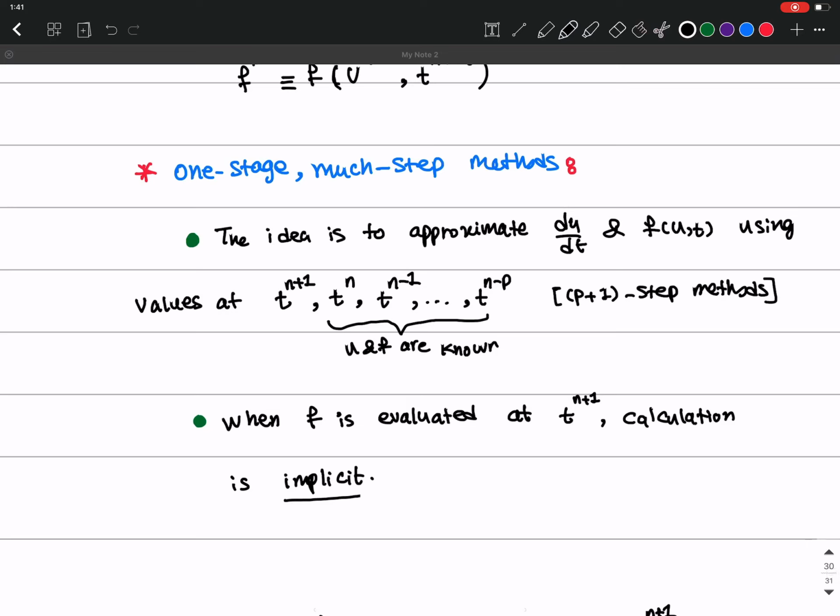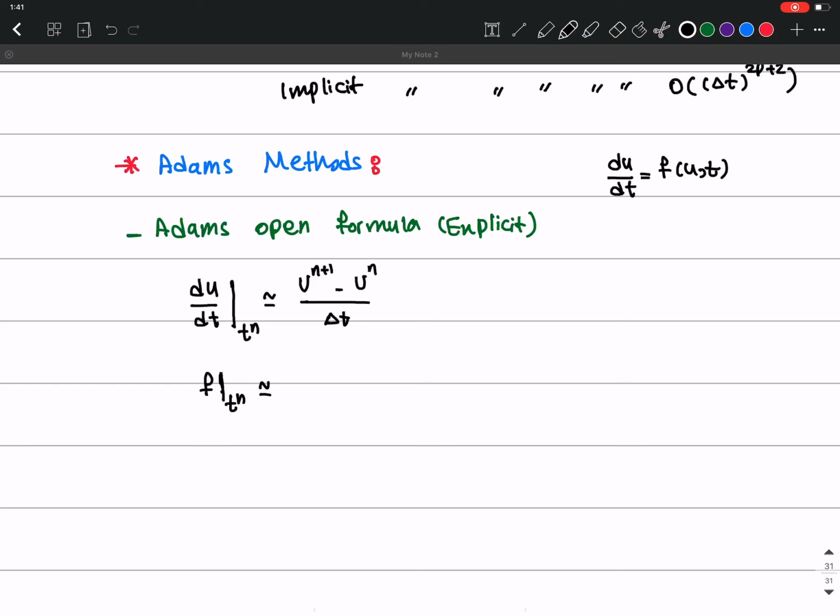So f at t n can be approximated as a coefficient alpha 0 times f at n, plus a coefficient alpha minus 1 times f at n minus 1, plus all these terms until the coefficient alpha minus p for the function f evaluated at step n minus p. So these are the old values of f at previous steps.